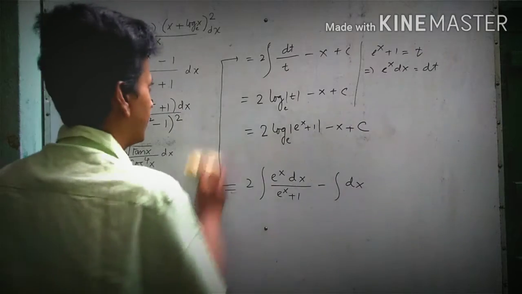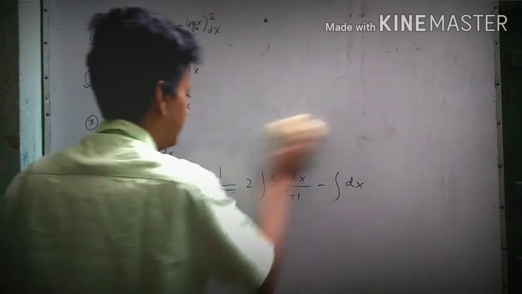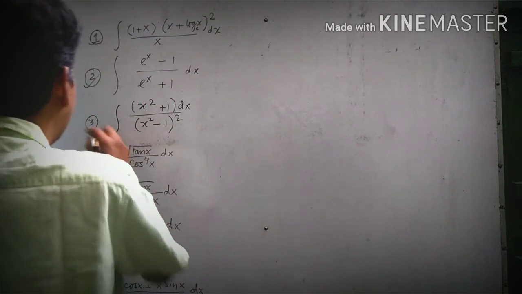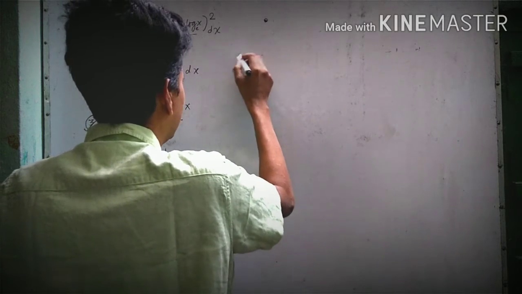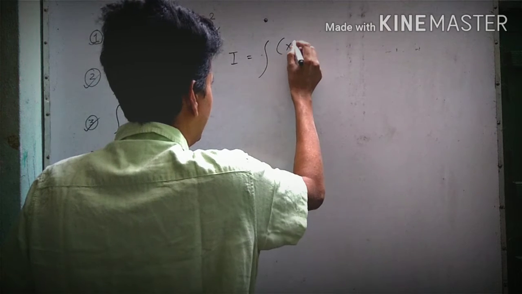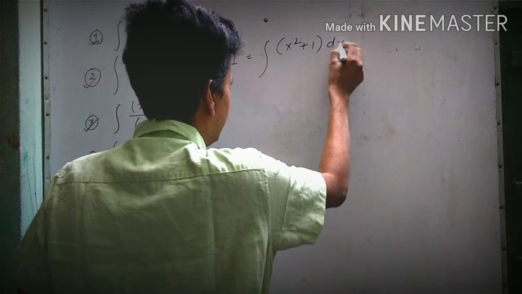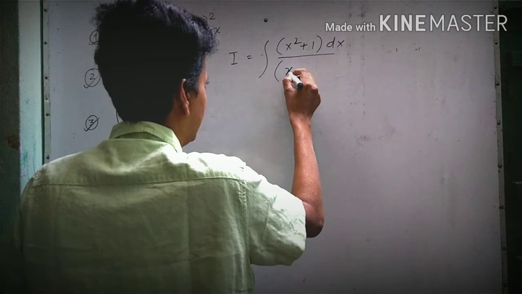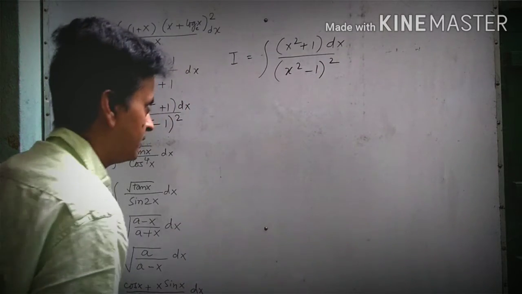So for the next problem, we solve this. Our next problem is integration of (x square plus 1) dx by (x square minus 1) whole square.